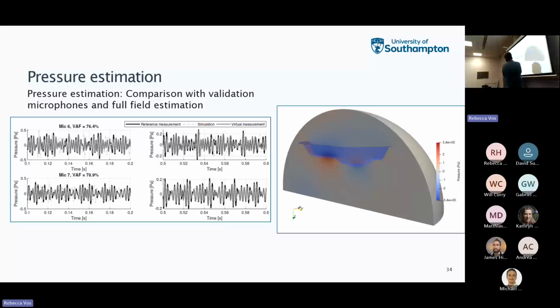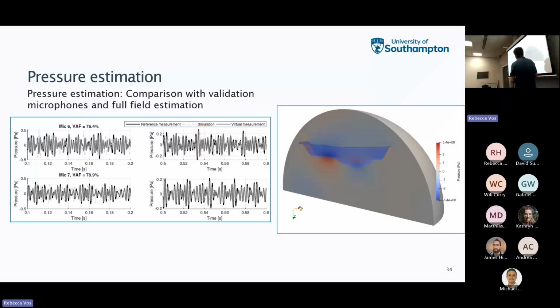The admittedly a bit difficult to see dashed line is a simulation-only result. So we used the force signal that we measured just to run a simulation. The black curves are the microphone outputs that we got, and the gray curves are the virtual measurements that we got through this Kalman filter approach.